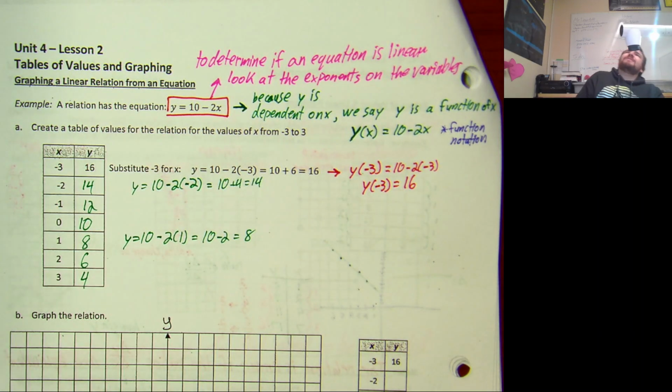What are my exponents on x and y? They're each 1. Linear relationships are defined to be equations where that exponent is 1.